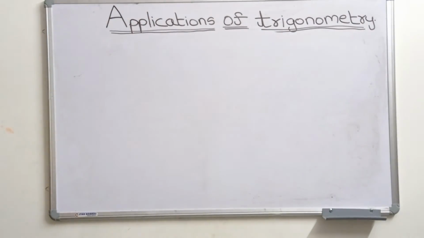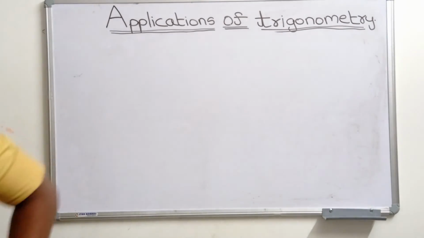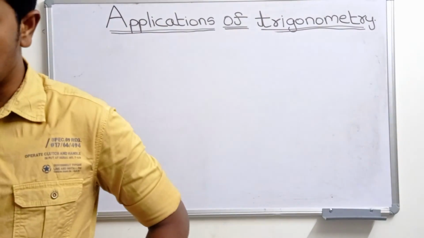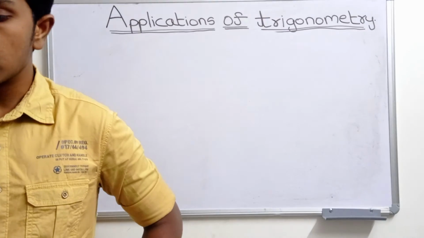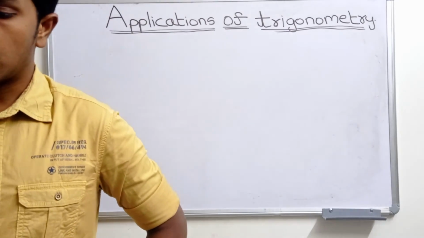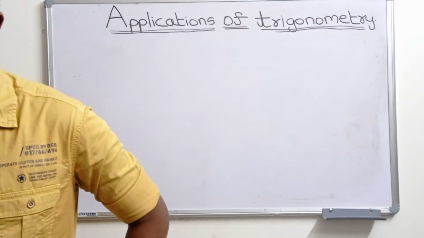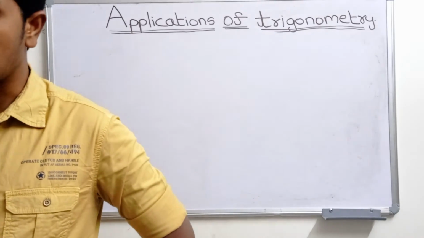Yeah, the next question is: the shadow of a tower standing on the level ground is found to be 40 meters longer when the sun's altitude is 30 degrees than when it is 60 degrees. Find the height of the tower.